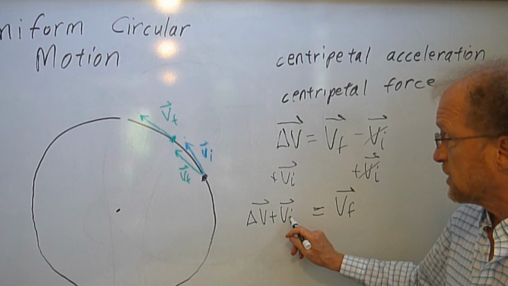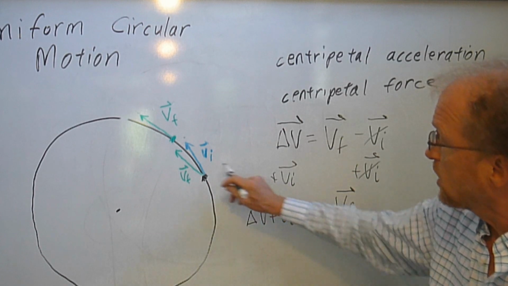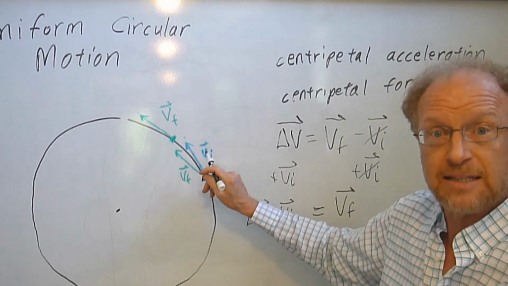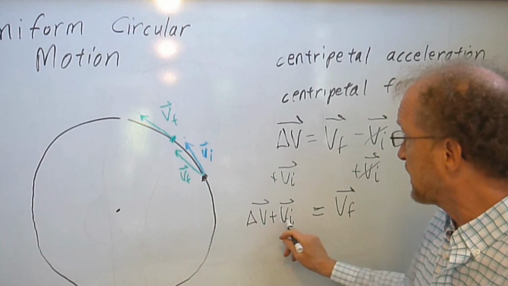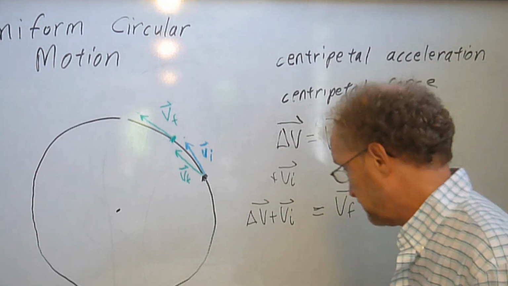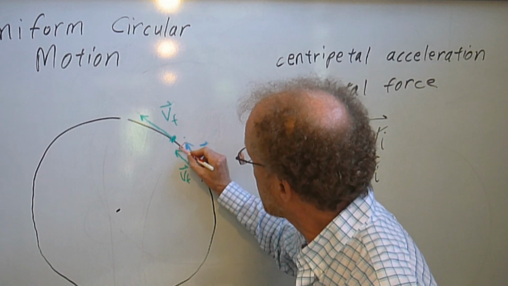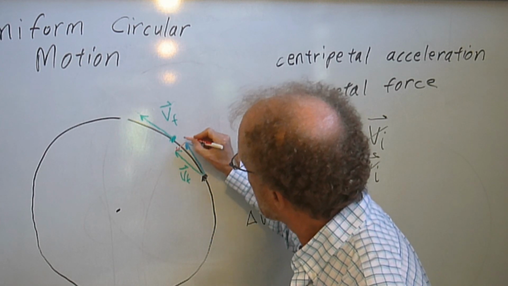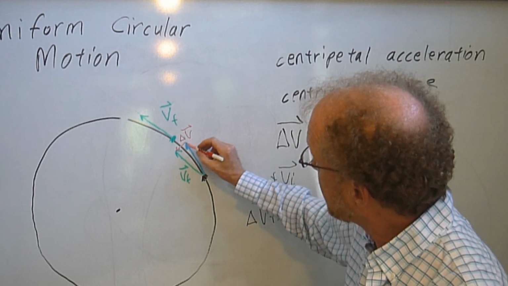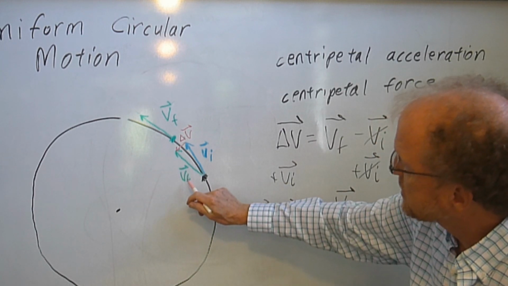When we're adding vectors, we add vectors head to tail, and we get a resultant vector. So looking at this diagram, where do I need to put delta v so that delta v plus vi gives us a resultant vector of vf? It's right here. I have vi added head to tail with delta v, and the resultant is vf.